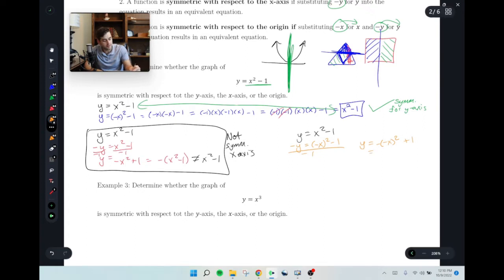I'm going to take care of that inside the parentheses and get negative x squared plus 1. I'm going to pull that negative out and get negative, x squared minus 1. And that is not the same again. That's actually the same as the second one. So that does not equal x squared minus 1. So not origin symmetry. So that's just the check for symmetry.